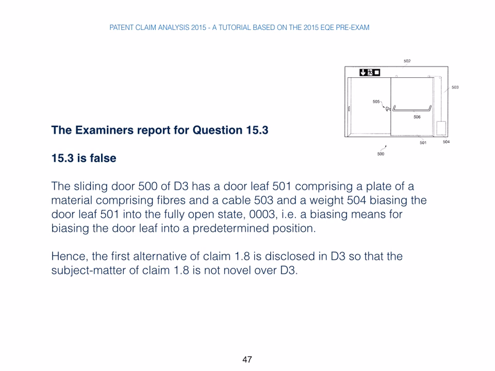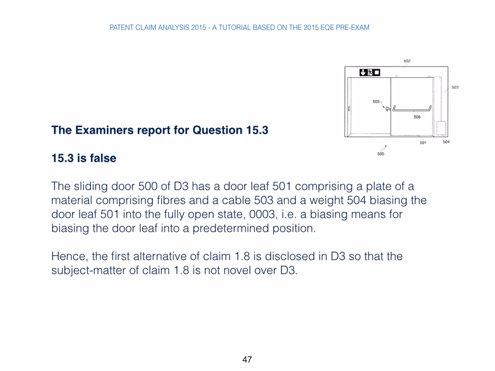The sliding door 500 of D3 has a door leaf 501 comprising a plate of material comprising fibers and a cable 503 and a weight 504, biasing the door leaf 501 into the fully open state, paragraph 3, i.e. a biasing means for biasing the door leaf into a predetermined position.